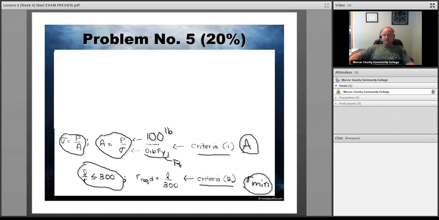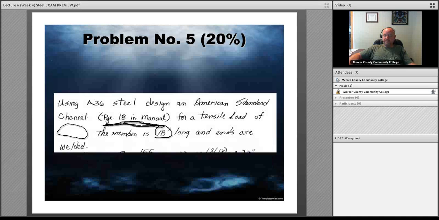Don't just turn to this page and pick the biggest one on the page and say, here, this will work. So all we'll have to do is criteria 1, criteria 2. After you do those two, then you report to me the lightest one that does satisfy these criteria, and you're done. And that's exactly, by the way, how we do tension member design. It's a piece of cake.